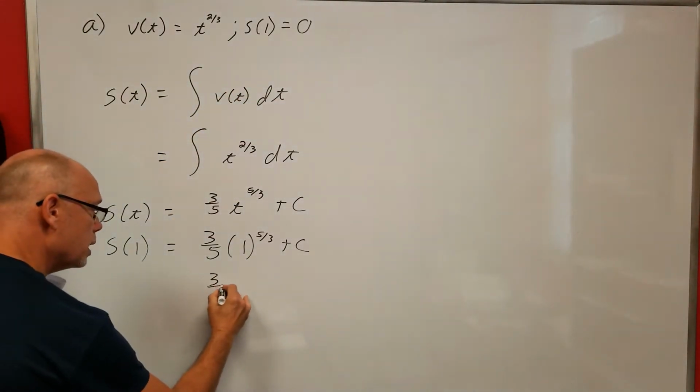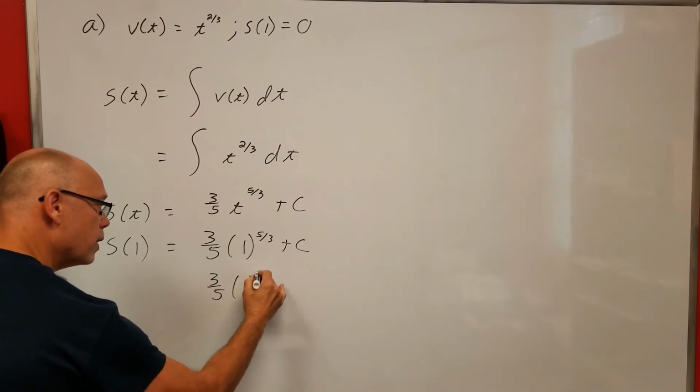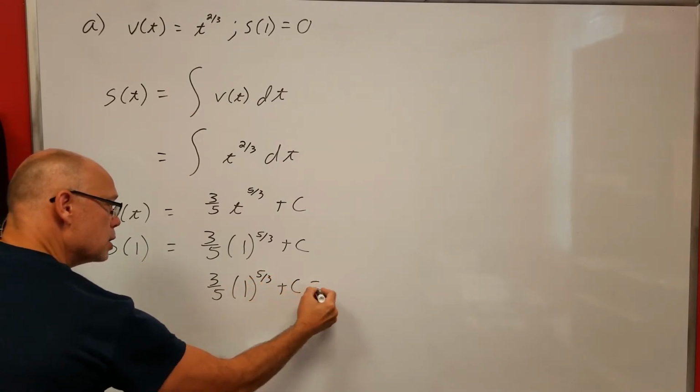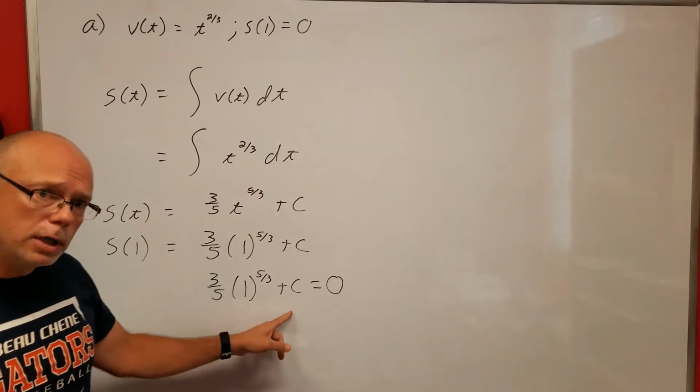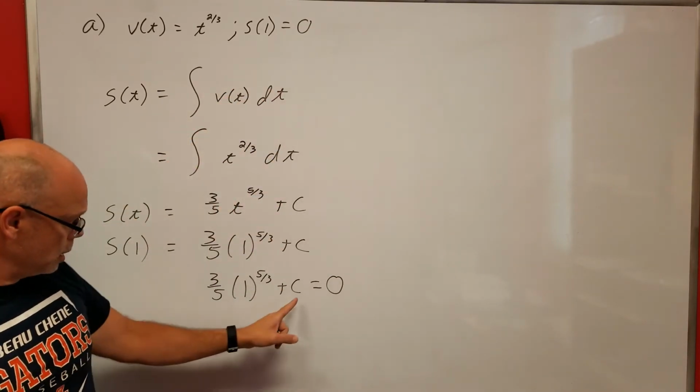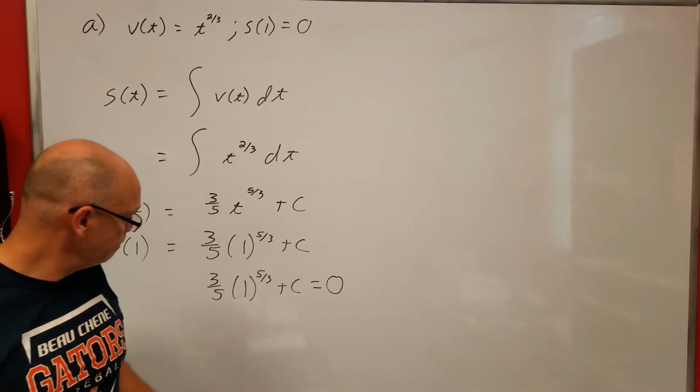So this 3/5 times 1 to the 5/3 plus c should output a 0. If I put in those conditions, that allows me to solve for c.